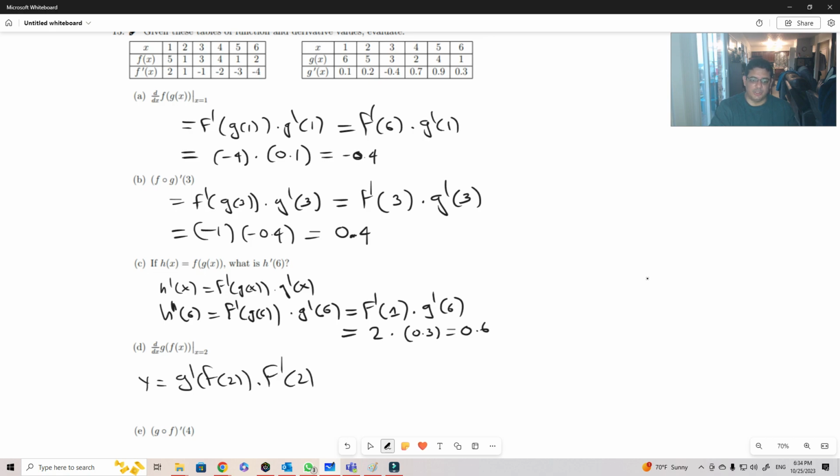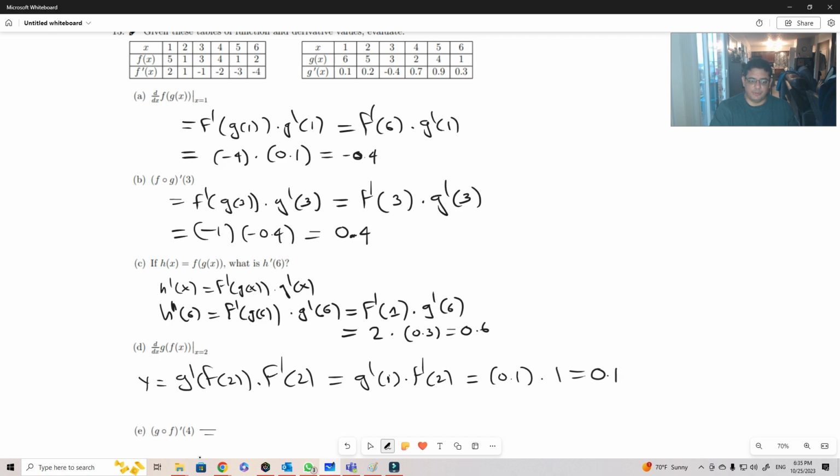Just following the chain rule here. Now that you know how this is done, f of 2 is 1, so this is really g prime of 1 times f prime of 2. And I gotta find out each of these. G prime of 1 is 0.1, and f prime of 2 is 1. So this is 0.1.